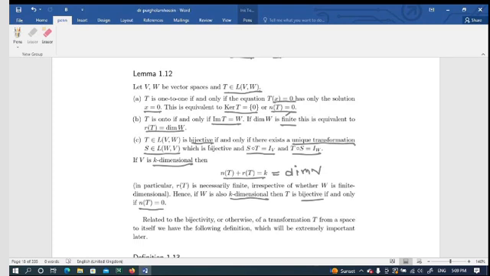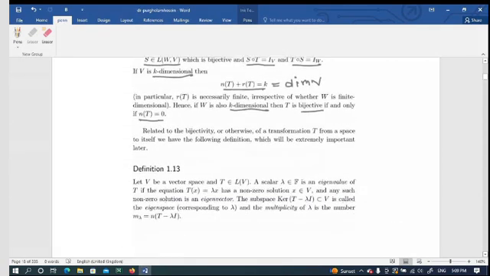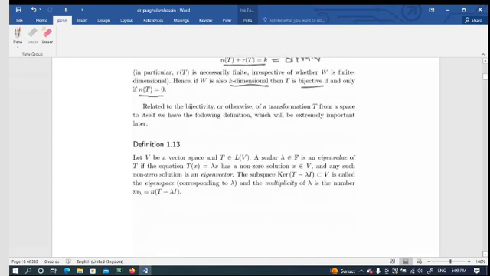Okay. So we have this lemma. Another important definition is this definition.